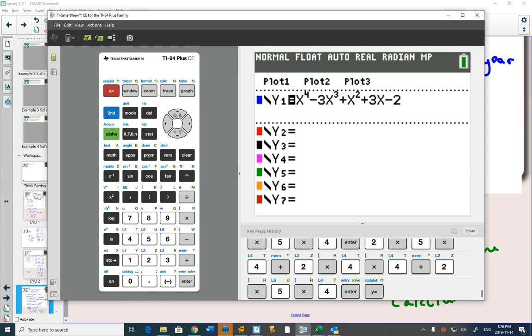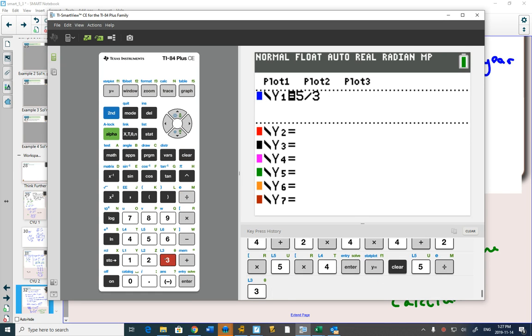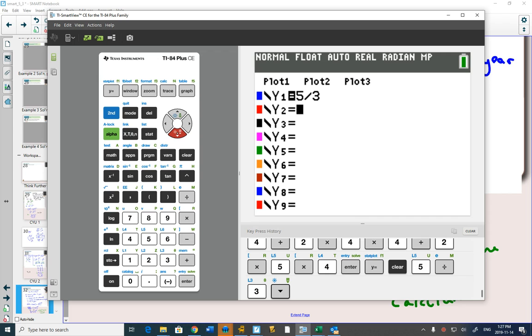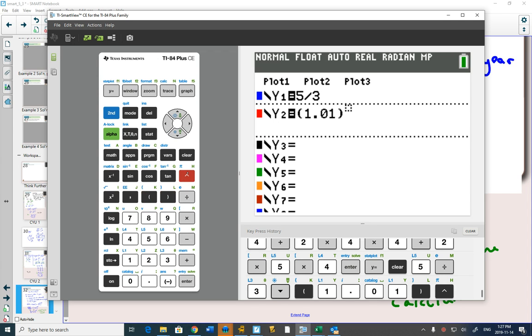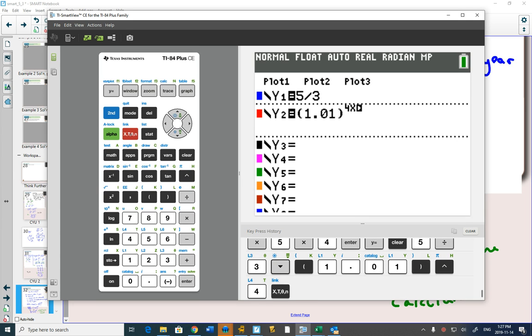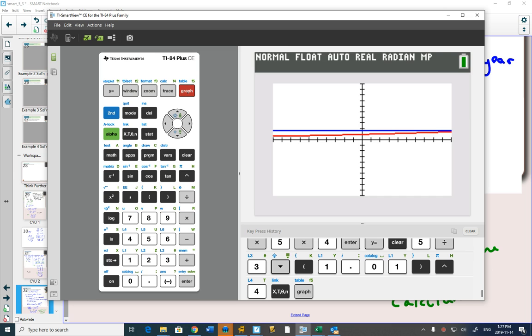So I go to my calculator. y1, I put 5/3, 1.01, 4. There's no t, so you just use x. We graph it. Doesn't quite look like it intersects on my window, so I might have to go to my window.